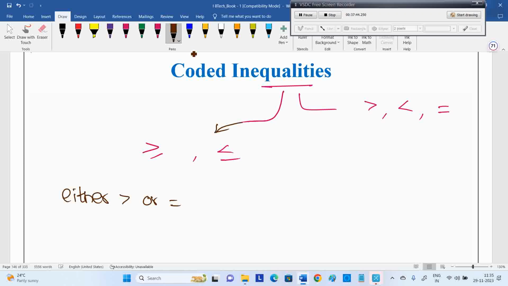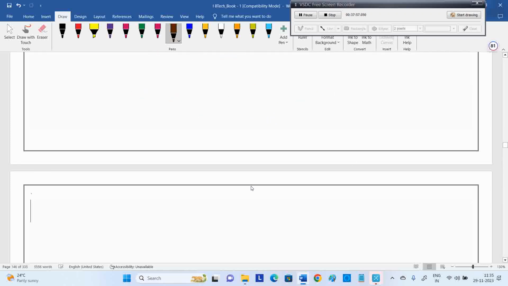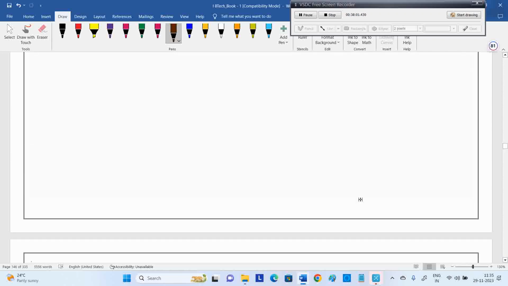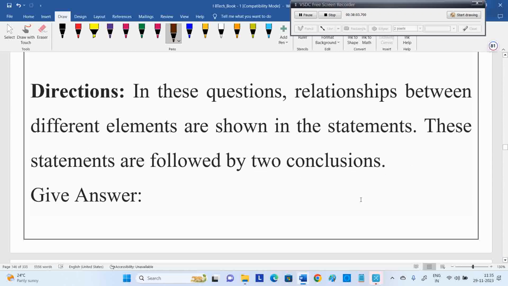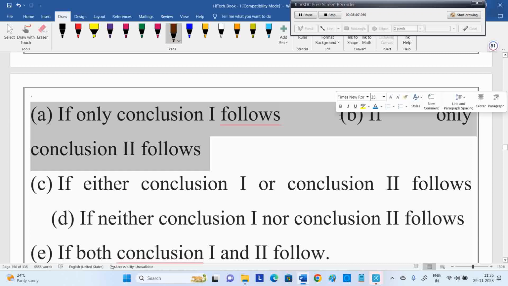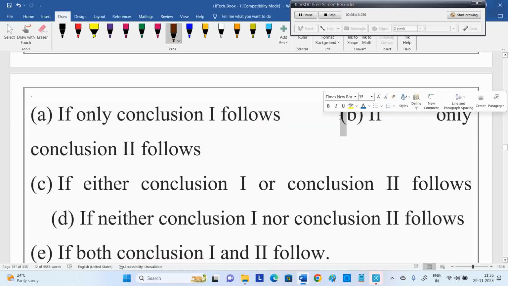Sir, does that really matter? Yes, because I'll show you just now. There are some options called either or in the questions. I have given some common options everywhere. I'll scroll down and show you the options. There is an option called either or. Here, option A is only one follows in the answer.